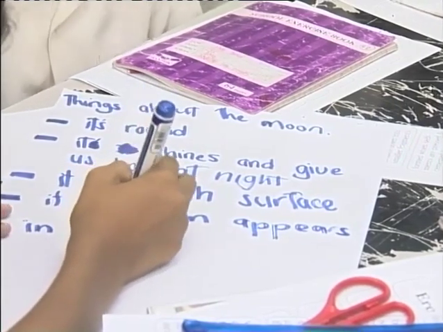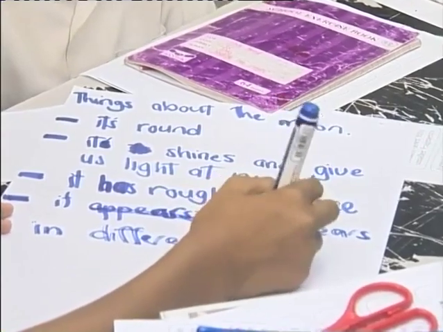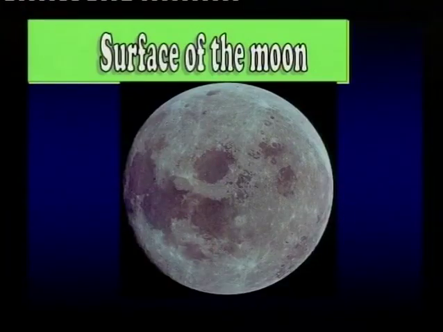All right. Let's quickly go through what the moon is about. But let's have a look at the picture of the moon. This is the picture of the moon when you see it at night.